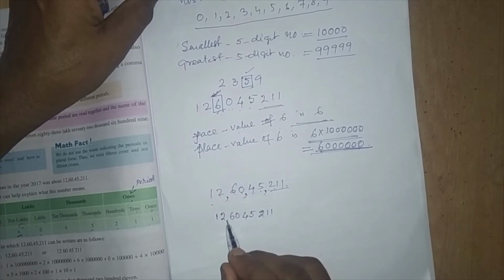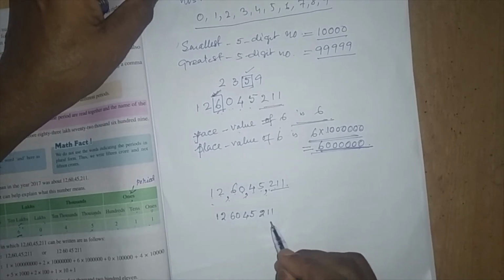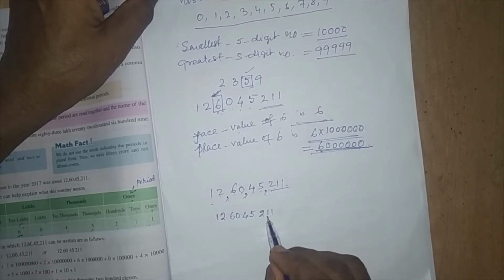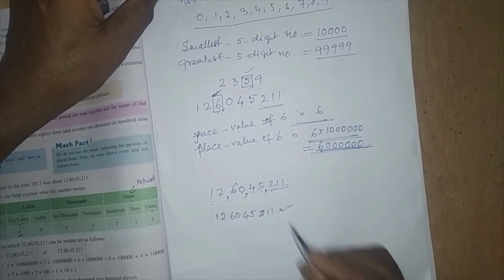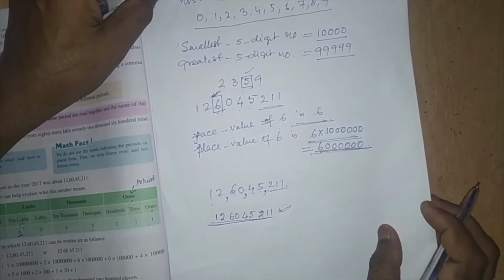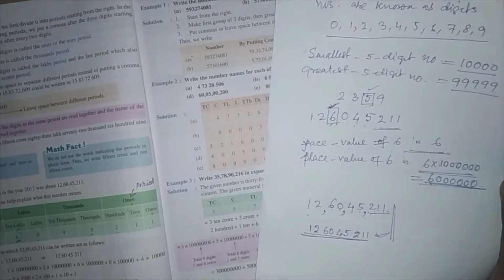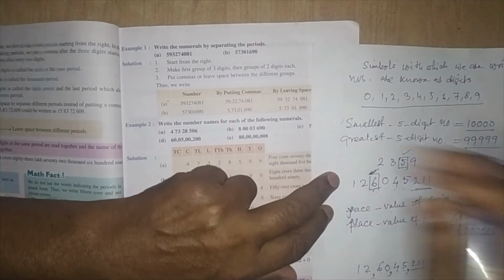So there is a gap between the periods, so that we can easily understand which digits are in which place of this particular number. This way big numbers can be read out, and now we will see how to write numerals by separating the periods.